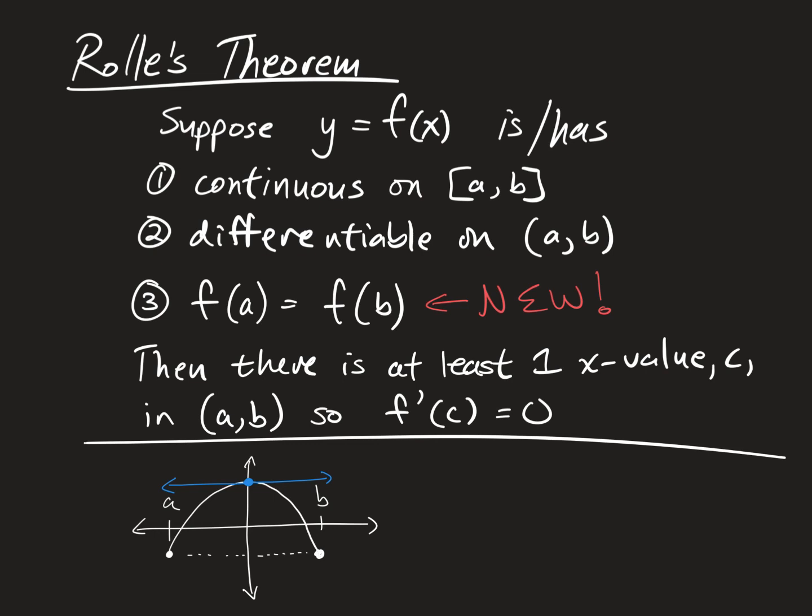And we have this new condition here that f of a equals f of b. And the only thing that does different is it makes the endpoints of our interval at the same y value. So if we meet all three of these conditions, then there's at least one x value, again I'm going to call c, in that open interval (a, b), so f prime of c equals 0.